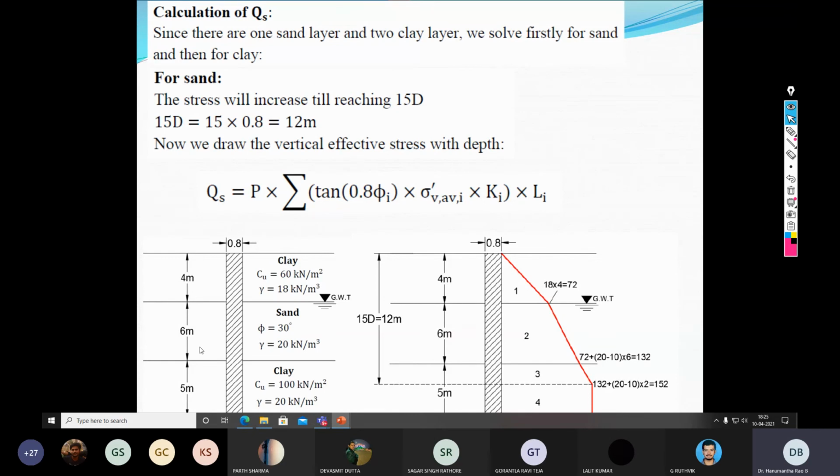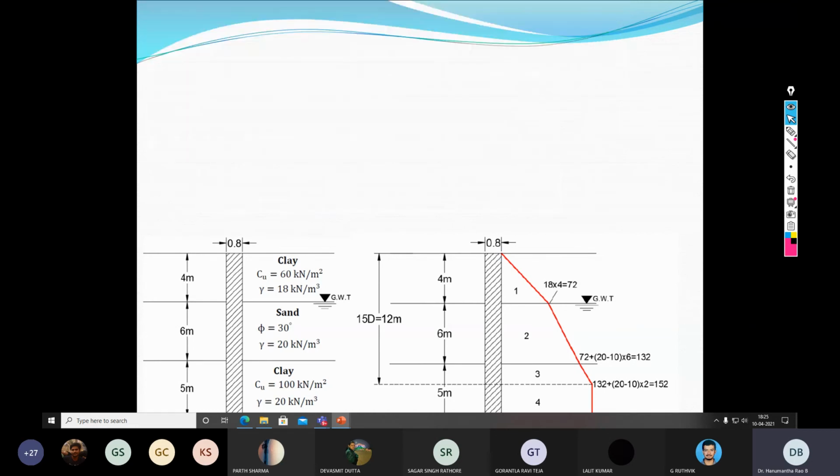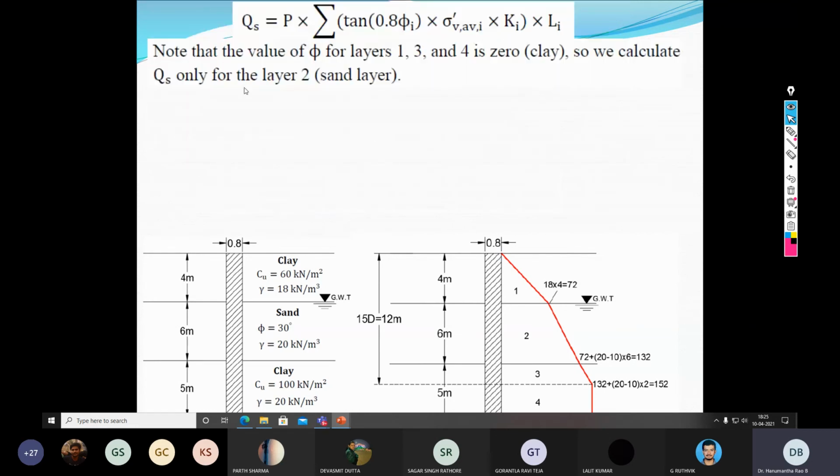Here the length of the soil layer is 6 meter, that is sand, K is the earth pressure coefficient, and sigma v dash is the average effective vertical stress. So here P is pi into D, that is pi into 0.8, 2.51 meter, and sigma average you need to calculate. At the top of the sand layer, the initial effective overburden pressure is 72.